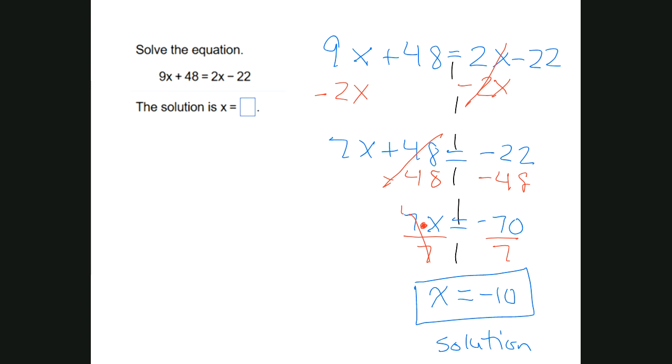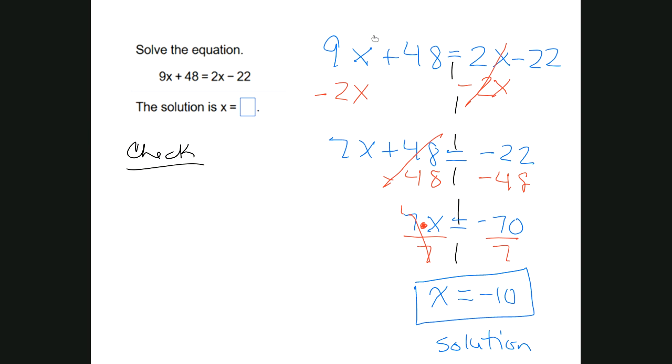One of the things we can do also is to run a check to make sure that we have the right answer. When you do this, you want to place our solution, negative 10, into the original equation. So I'm taking this original equation, 9x plus 48 is equal to 2x minus 22.